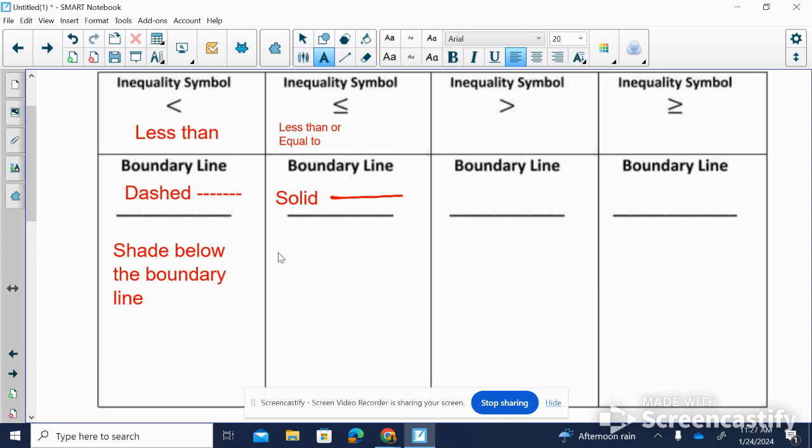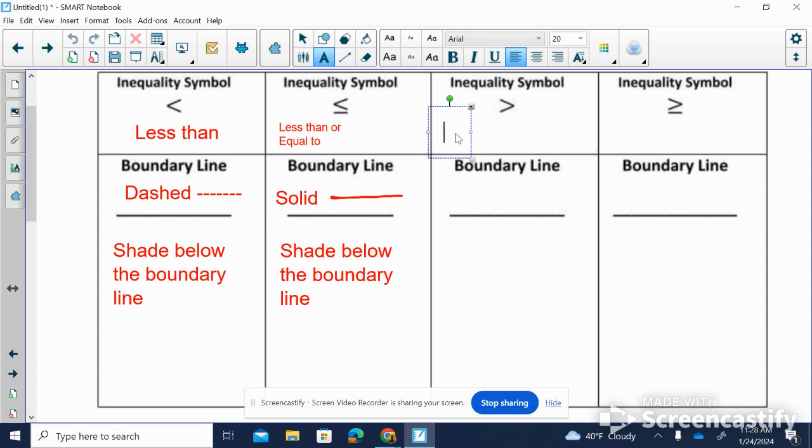And we are going to shade still below the boundary line, because it is still less than, the difference is it's also equal to. So a solution could be on the line.